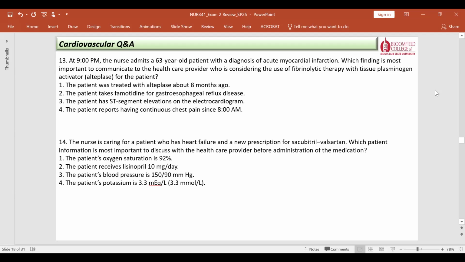You said it should be within 6 hours. We still can give it within 12 hours. In terms of administering the drug, you have 12 hours to give it. However, the best outcome would be within the first 6 hours.